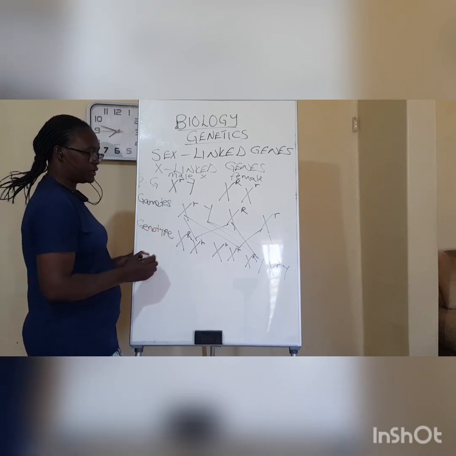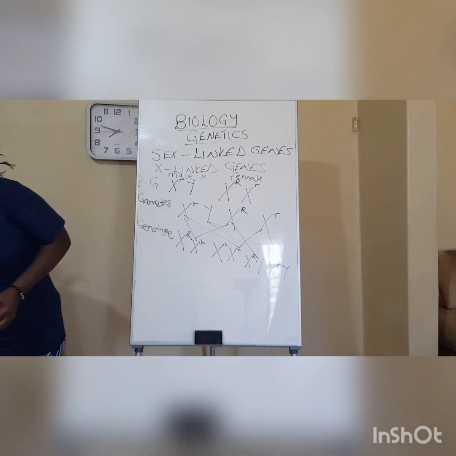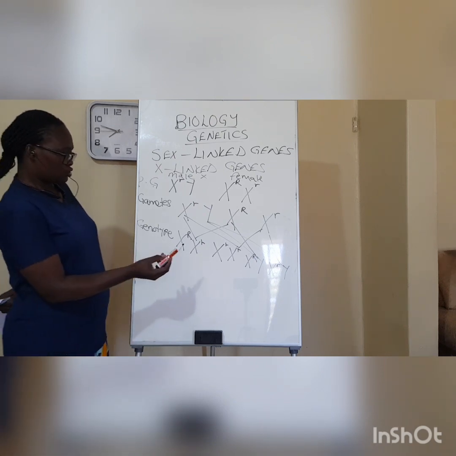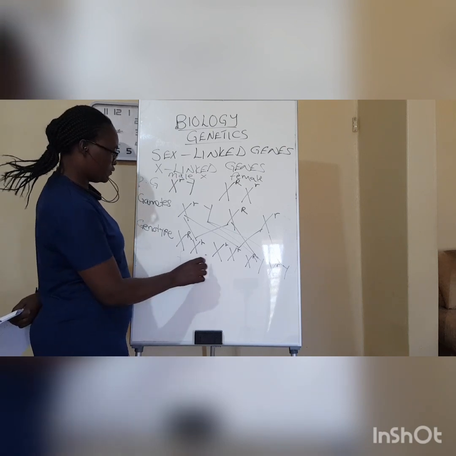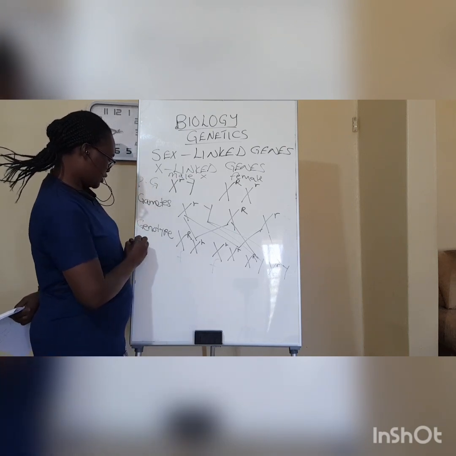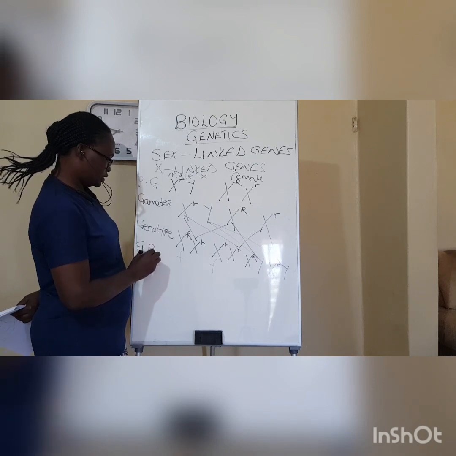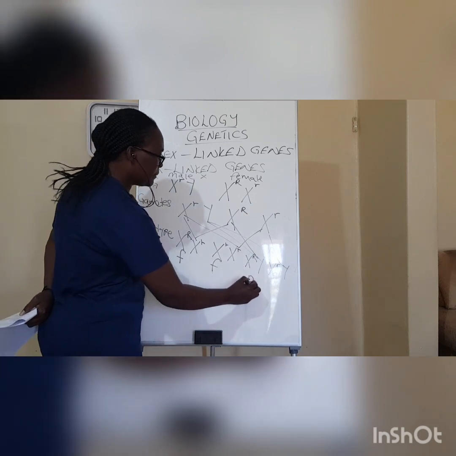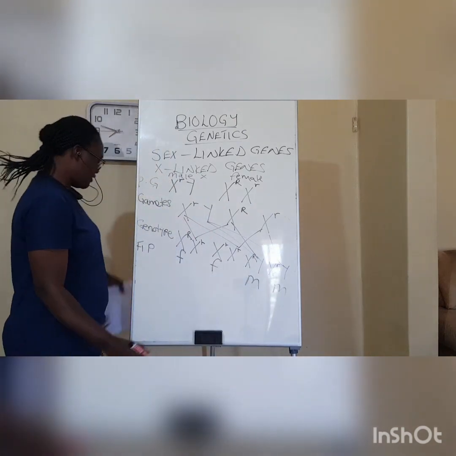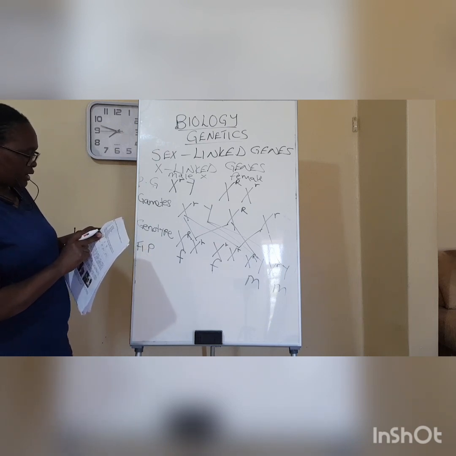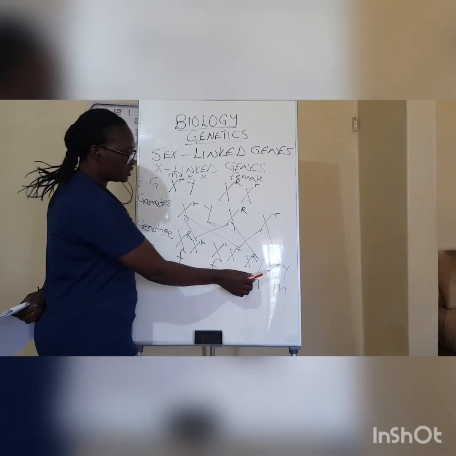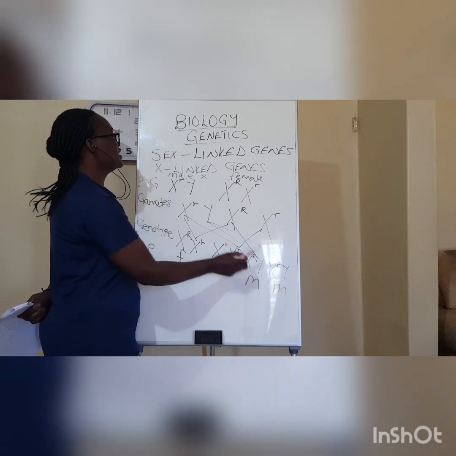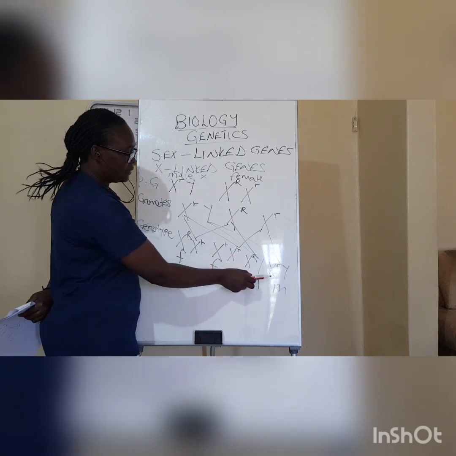So let's get back to the question. What would be the chance of having a colorblind male? So this one is female, female, female, female. This one is the F1 phenotype, isn't it? What we are about to see. So this one is female, female, male, male. They have asked what would be the chance of having a colorblind male. So we are looking at this one and this one. This one is normal. Sorry, this one is red-green colorblind.